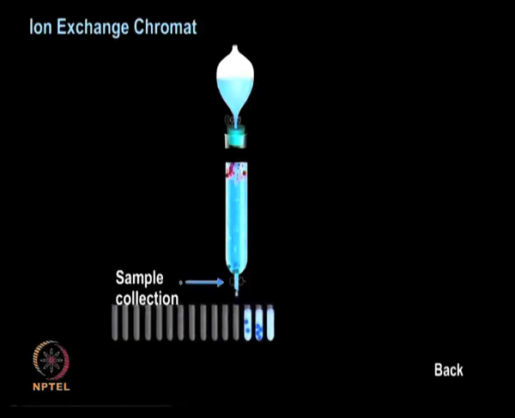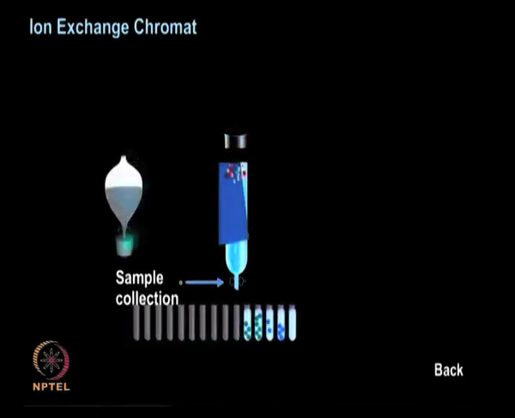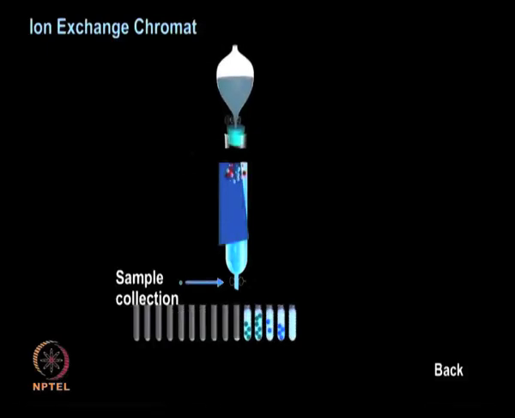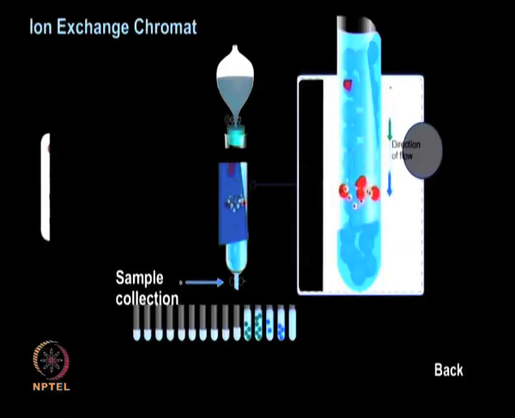The fractions of appropriate size must be collected and analyzed for their protein contents. The negatively charged proteins which get eluted first will be present in the initial fractions, while the positively charged protein that bound to the column is eluted in later fractions.